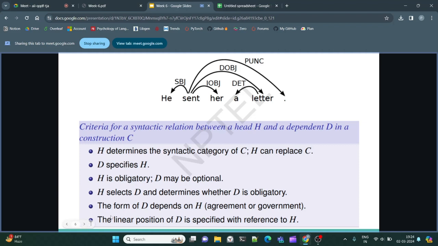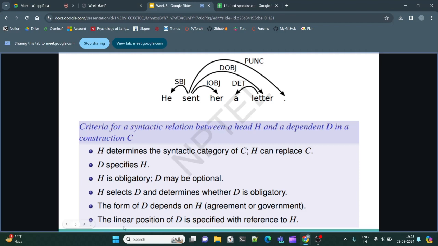The fifth criterion is the form of D depends on H. Here form means the grammatical form. The grammatical form of the dependent is determined by the head. So we have the notion of grammatical agreement, which is further established by this criterion.